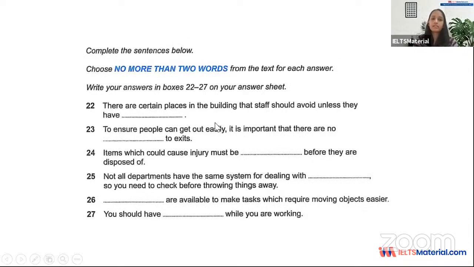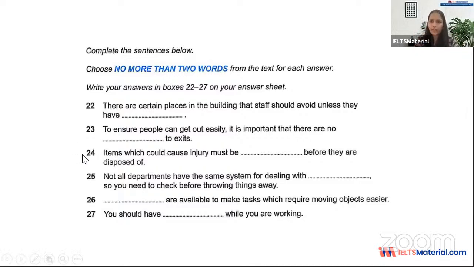So let's say this is our question. Now let me read the first one. There are certain places in the building that staff should avoid unless they have blank. Now, you can easily see that this question demands a noun, right? They have something. So we can make a guess here.